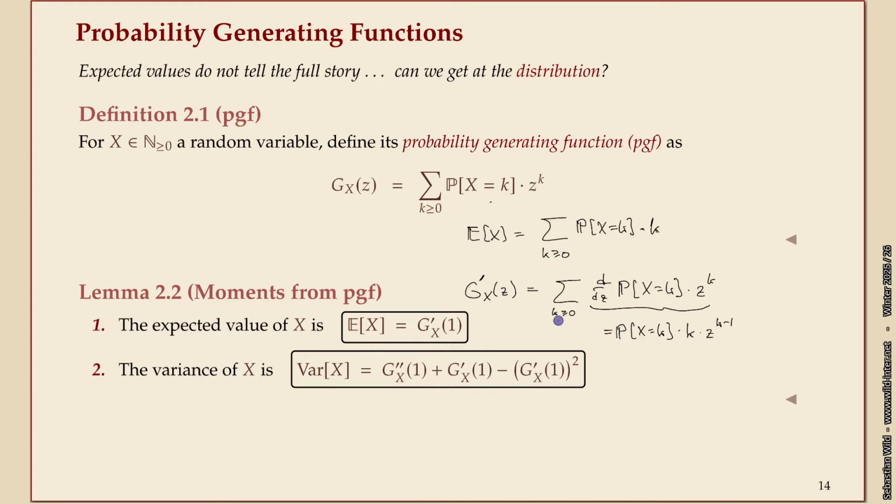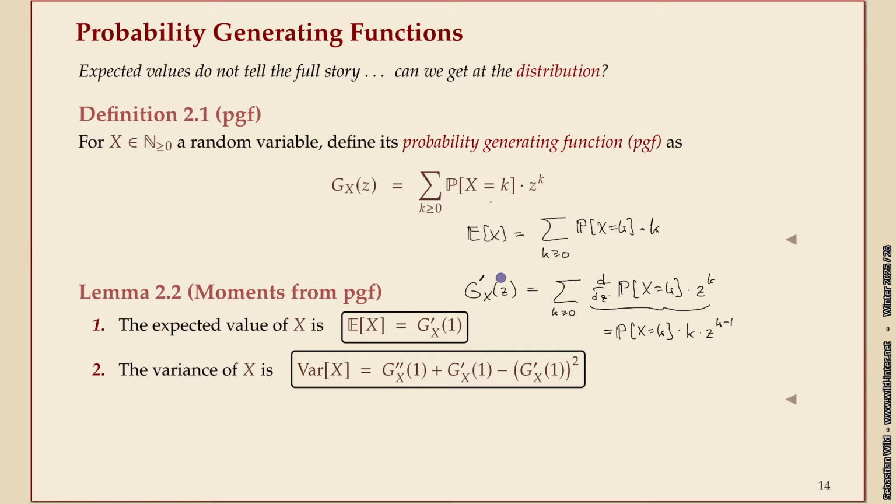All you need to know is that the derivative of a sum is the sum of the derivatives. And that means we take the derivative inside the sum of each of these terms. And that gives us precisely this formula. Once you set z to 1, that one just goes away.